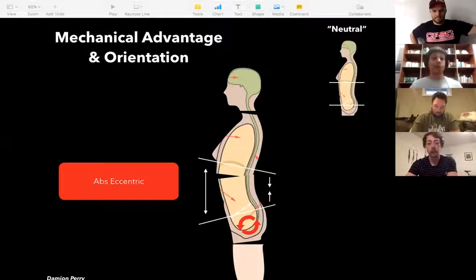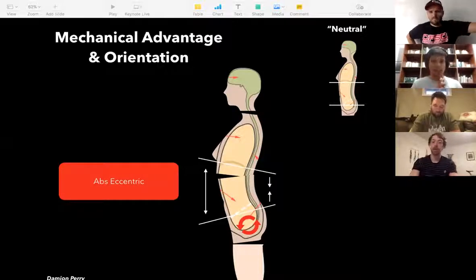All right, so abs: eccentric. I talked about eccentric contractions before. That means it was a lengthening contraction, right? So with this position, whether they're stuck there all the time, or maybe just for a little bit of time, like when they work out, they like to get into this big extension-based position because, you know, they power lift or something like that. That's how they lift their weights.